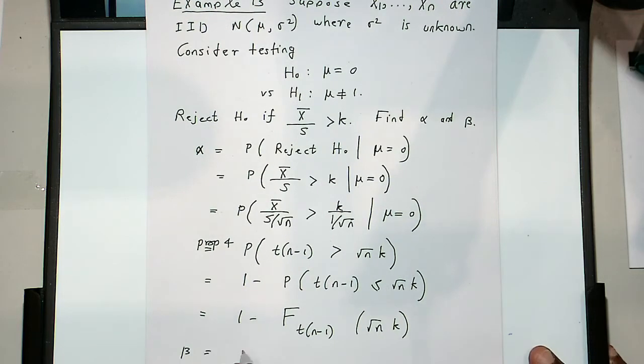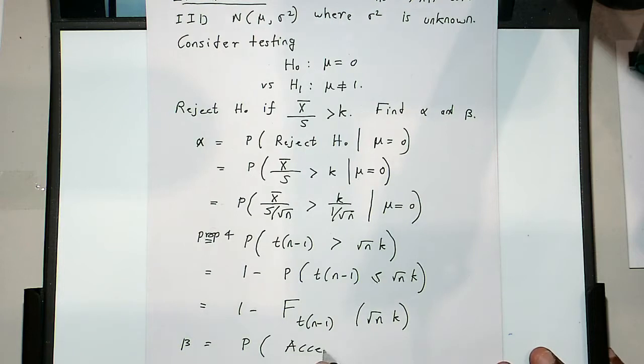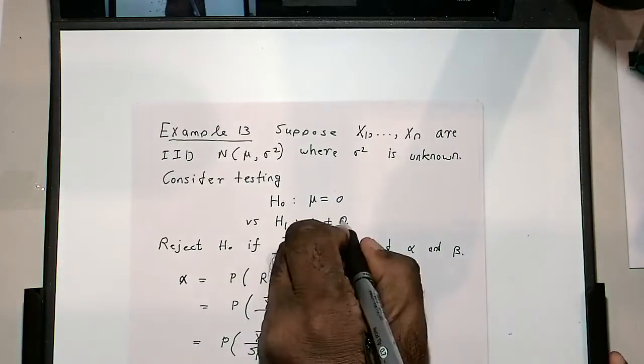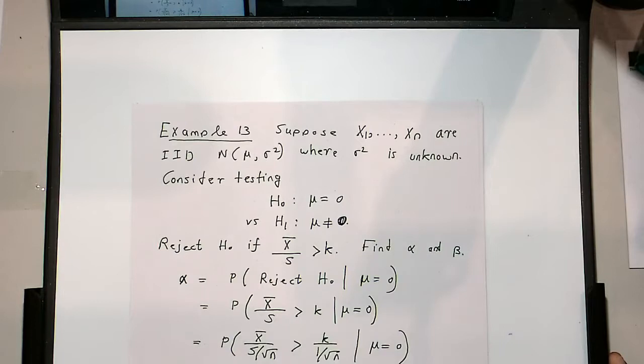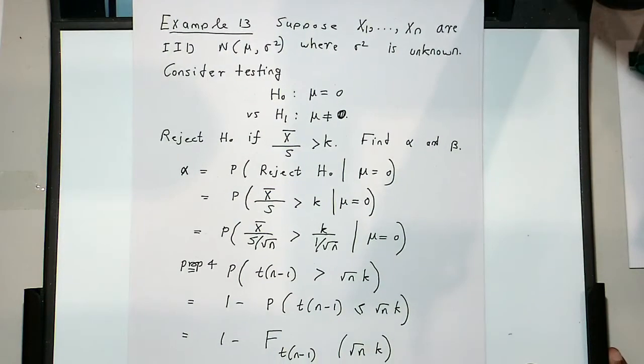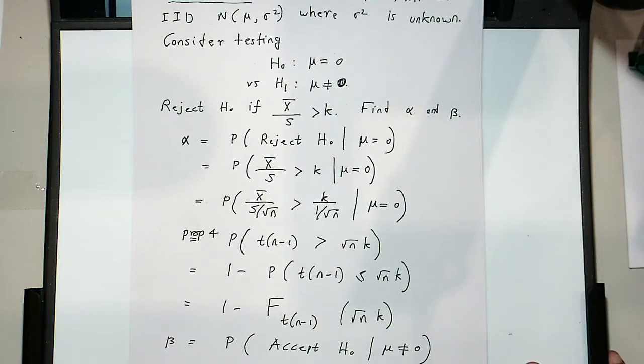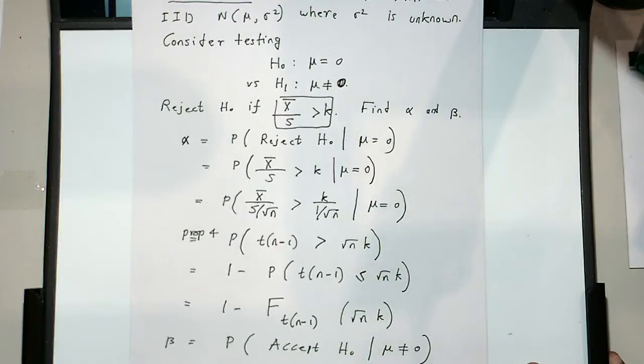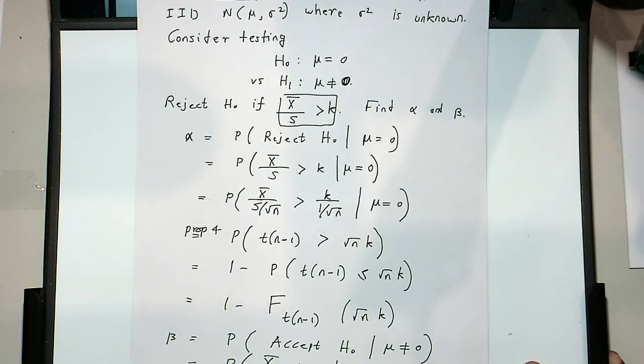To find beta, you're going to find the probability of accepting the null hypothesis when mu is, sorry, this should be mu not equal to 0, not 1. Now accepting is the opposite of rejecting the null hypothesis. So this is the probability that x bar divided by s is less than or equal to k when mu is not equal to 0.